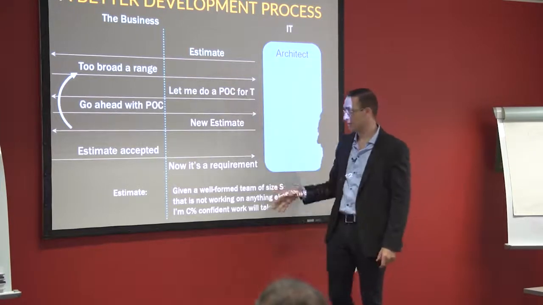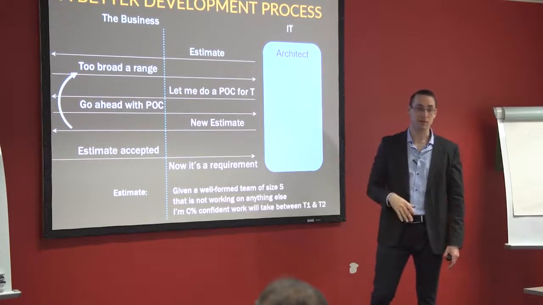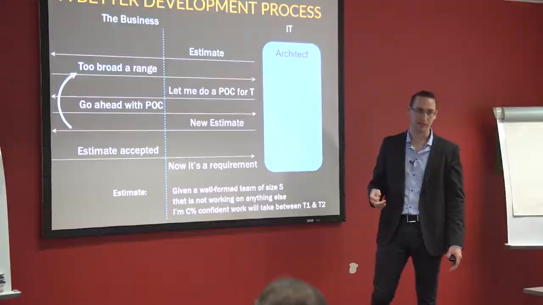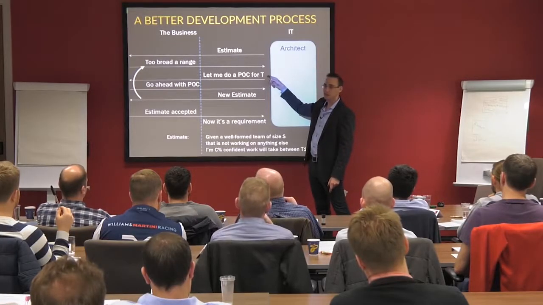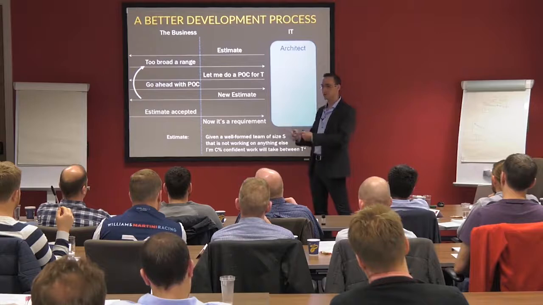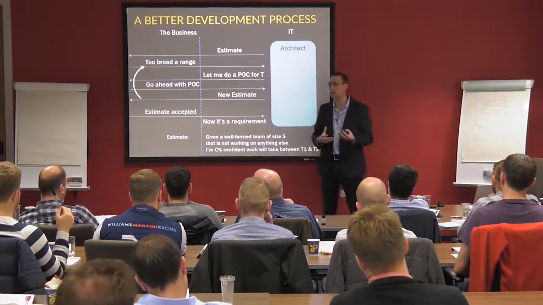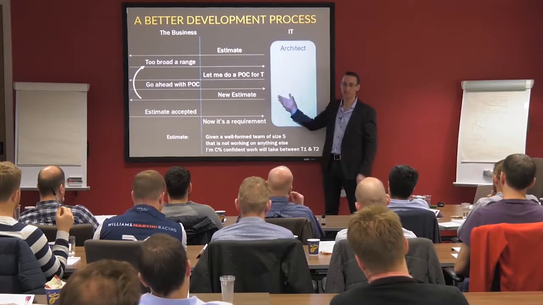Now, sometimes they may give us feedback and say, well, that's too broad. If we come to them and say, well, I'm 90% confident that it's going to take between 1 year and 3 years, they're going to say, well, great, but that's not a useful estimate for me. Okay, great. Let me do a proof of concept. Give me a week. Give me some time to do some analysis, some implementation, some testing, some performance testing, whatever. And at the end of this proof of concept period, I'll give you a new estimate.